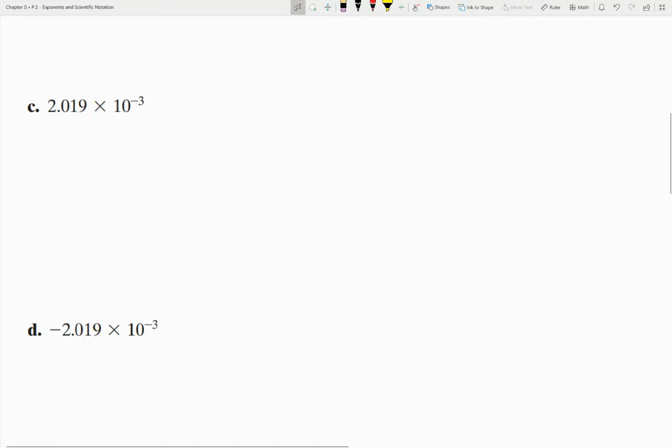Except now we move the decimal 3 times to the left. So that becomes 0.123 and then we have to move it there. So 3, 019. And here is the same thing, except negative in the front.